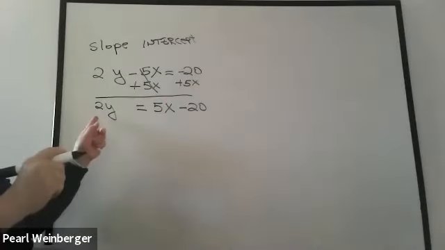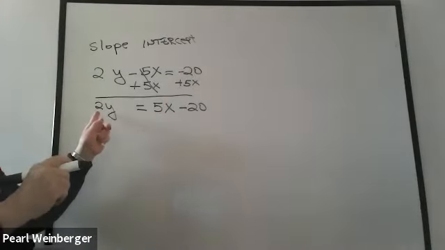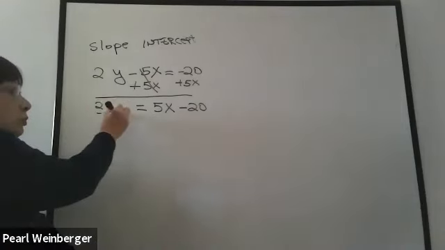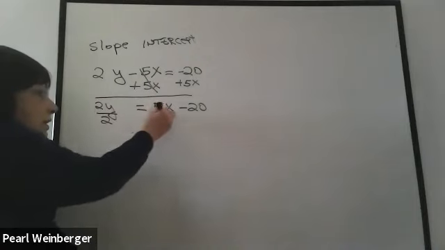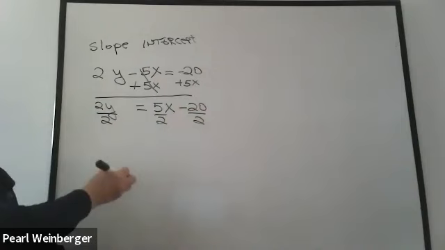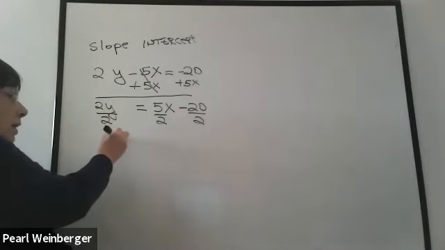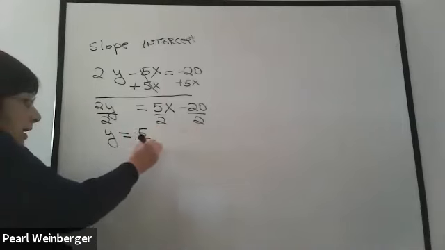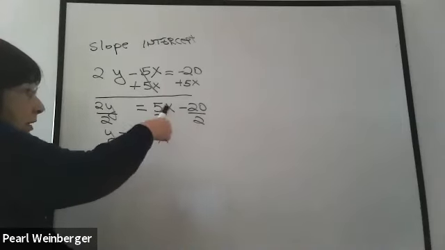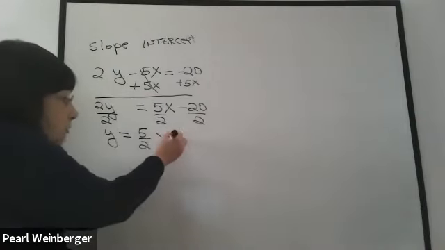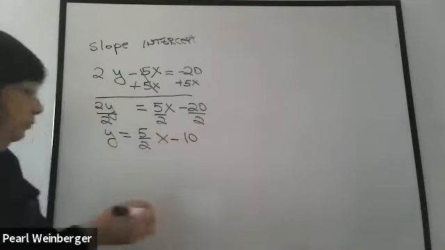The only thing I'm left to do is divide by the number in front of the y. The coefficient of the y is 2. I have to divide every single term by 2. So that'll give me y equals 5/2x, because that can't be reduced, and -20/2 is -10.